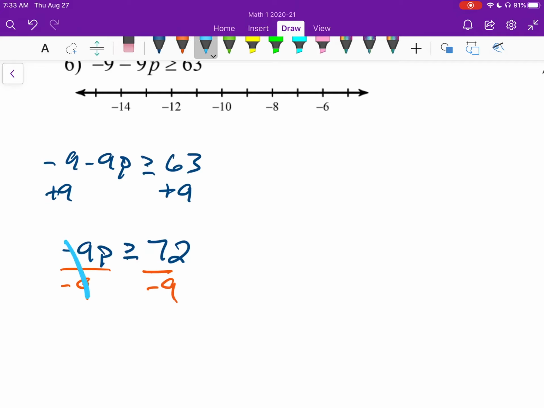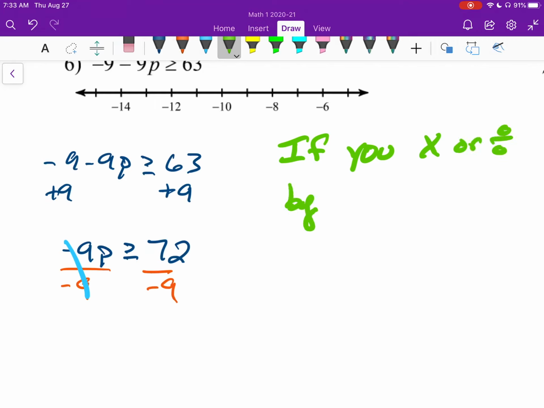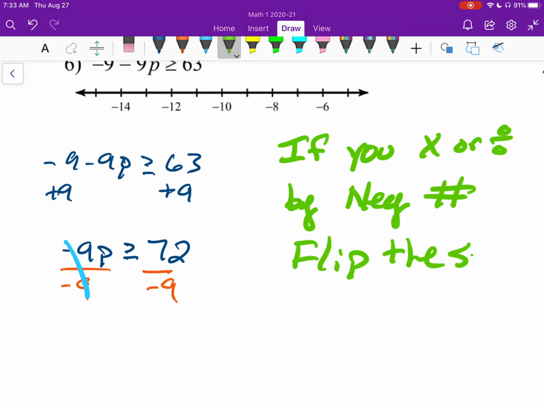Now, here's the trick right here. If you multiply or divide, here, let me write it out. If you multiply or divide by a negative number, flip the inequality.